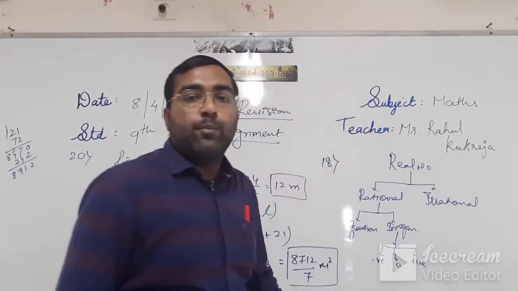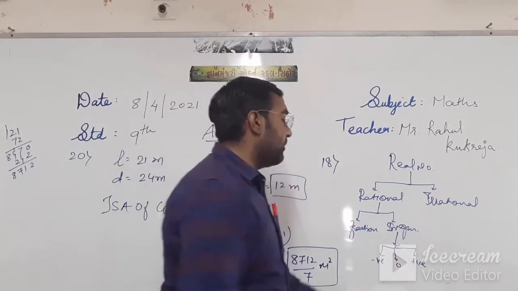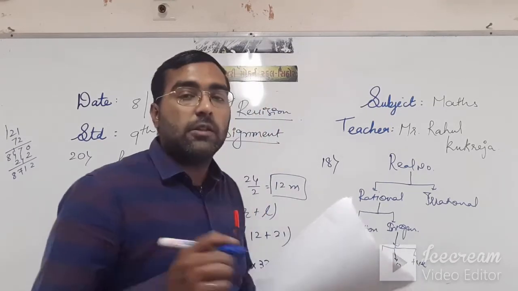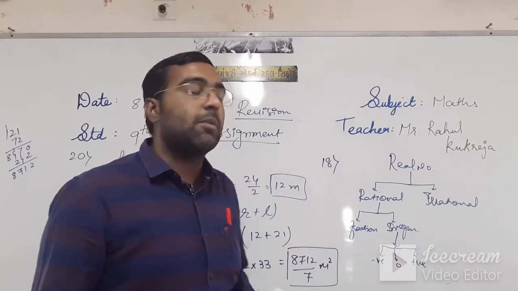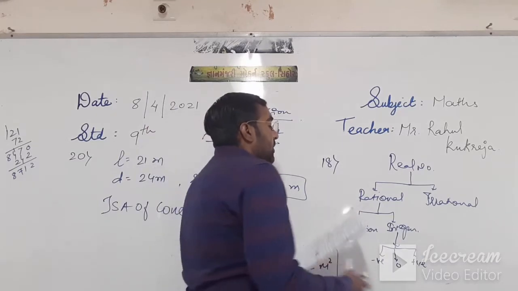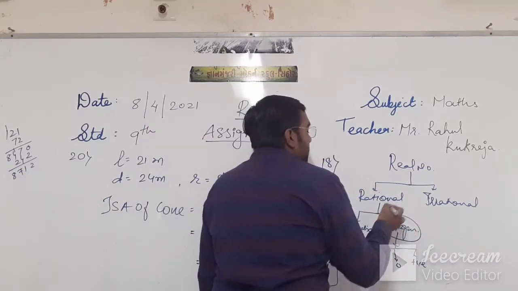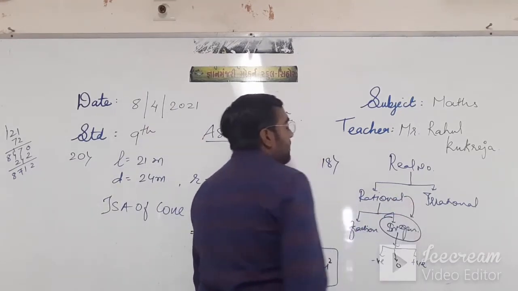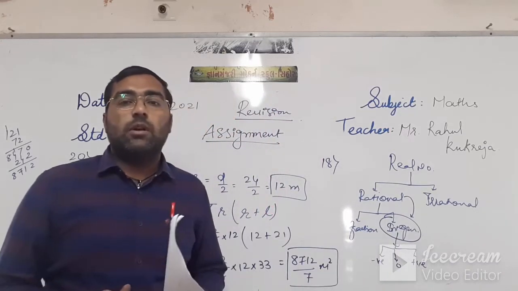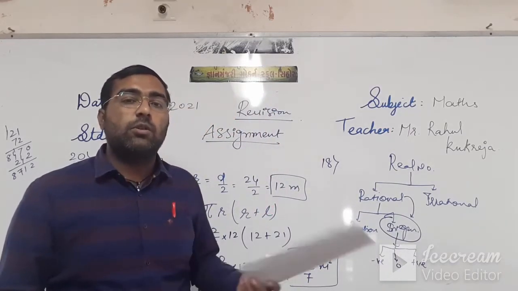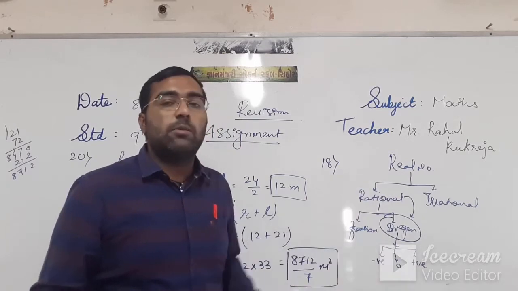Positive with 0 are the whole numbers, and just positive values are the natural numbers. Now integers are shown as a type of rational numbers.